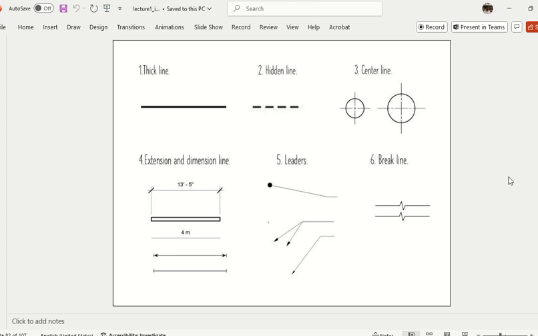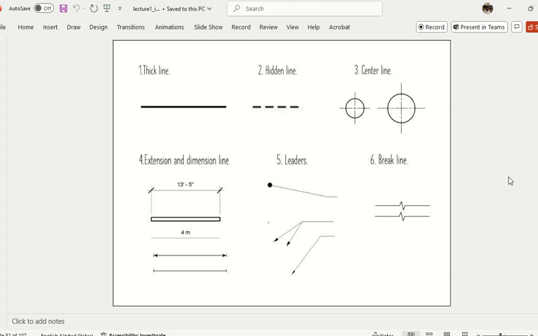If you look at the center line, from the center, big line, small gap, small line, big line. So there are alternating big and small dashes. In hidden line, all dashes are the same size. In center line, small dash, big dash, and so on. So there is a difference between them. Got it?